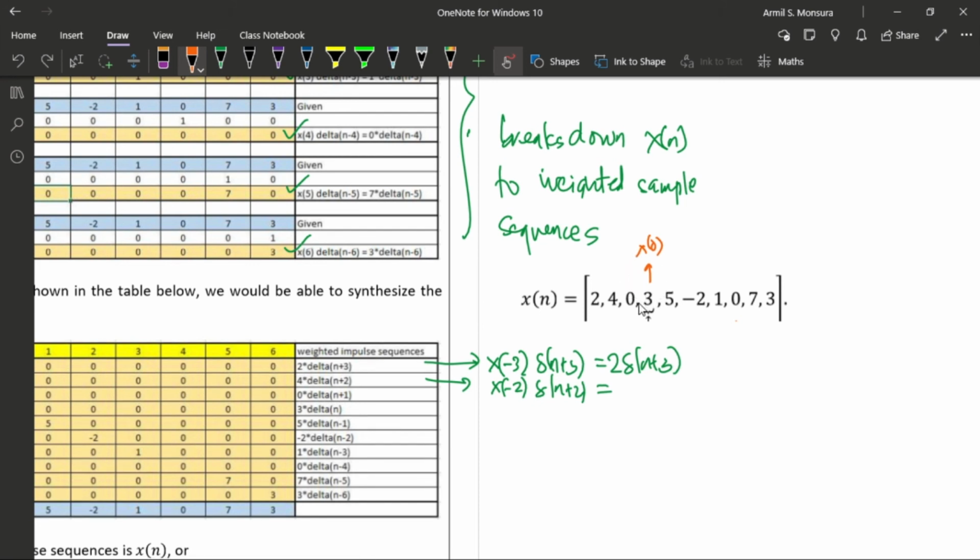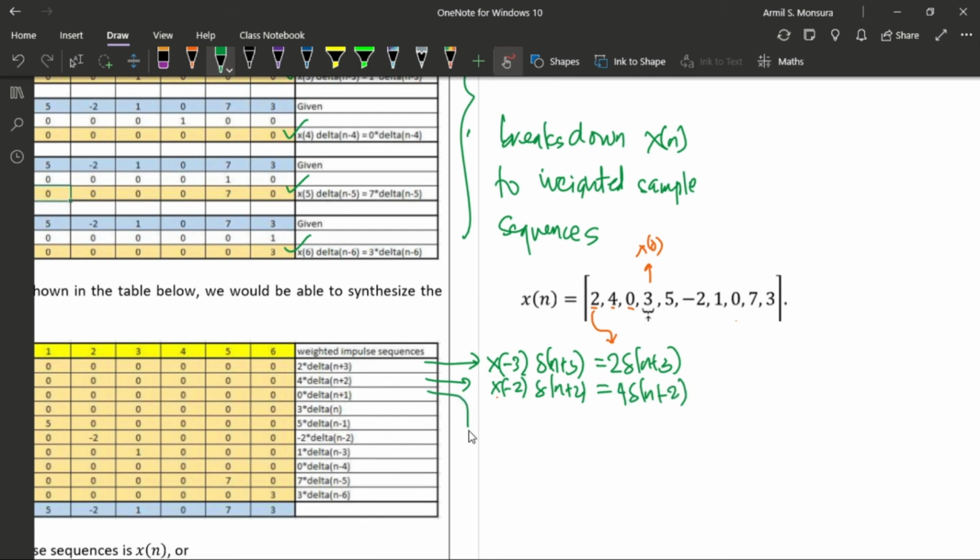Basta ito yung x of negative 1 ninyo, x of negative 2, x of negative 3. So, ito nga yung 2 dito. Tapos itong x of negative 2 nyo dito is 4. So, this is 4 delta n plus 2.